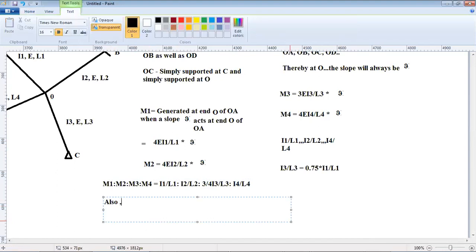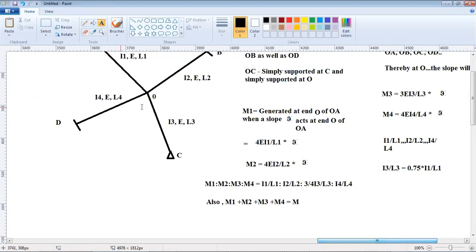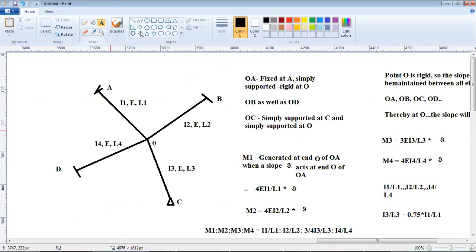Then M1 plus M2 plus M3 plus M4 would be equal to M. Now all these at point O, if they are all together equal to M, we have now four individual moments: M1 acting at this point, this is 1, then we have M2, then M3, then M4.